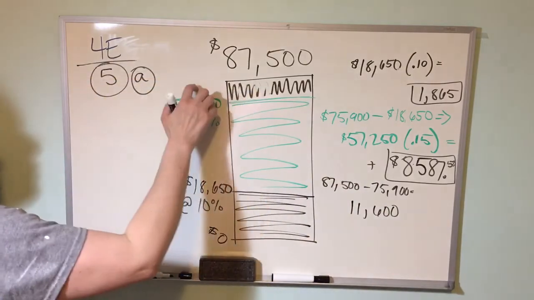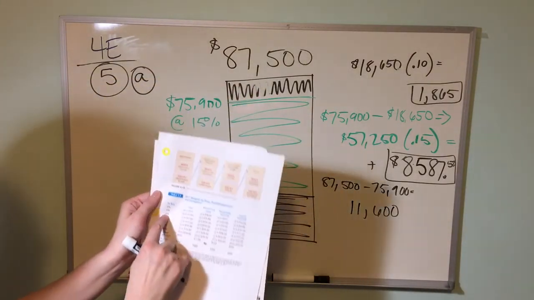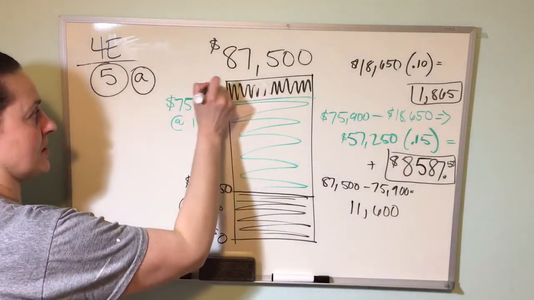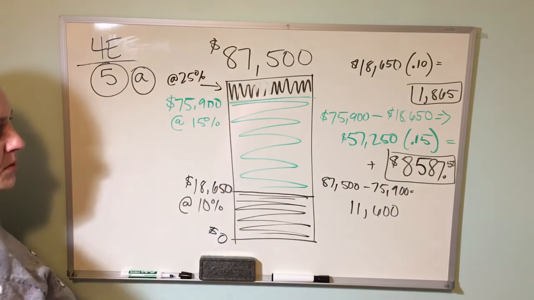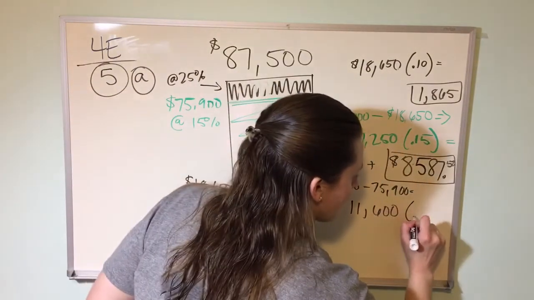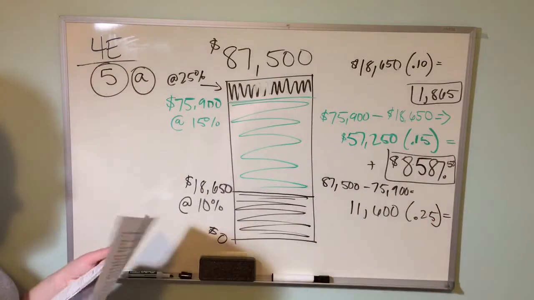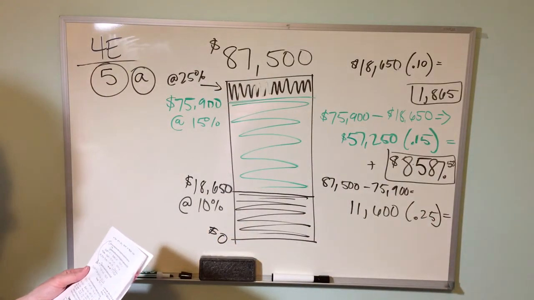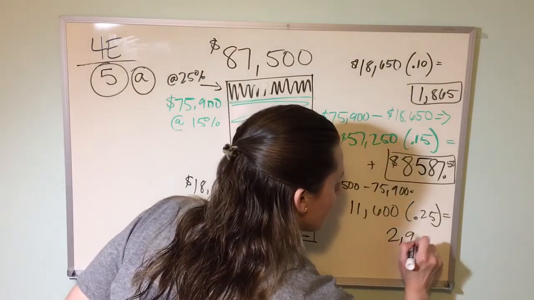And what rate is this again? What tax rate? Let's go over. That's 25%. So this little chunk here is at 25%. So I'm going to multiply this times 0.25. Sorry about the shadow. And I'm going to get $2,900.